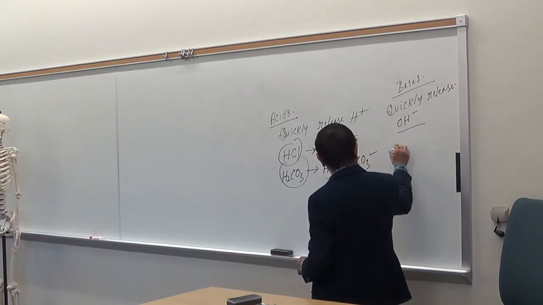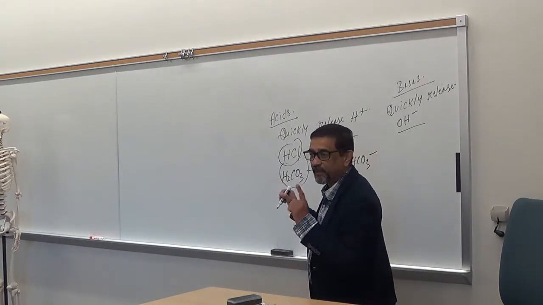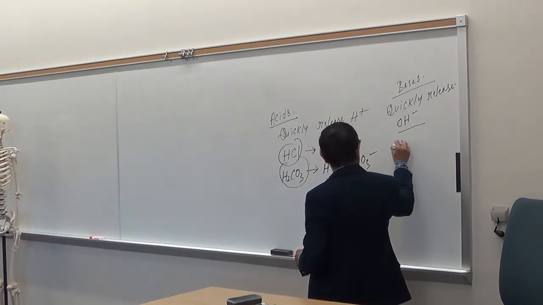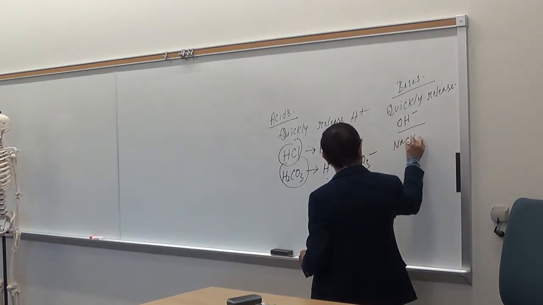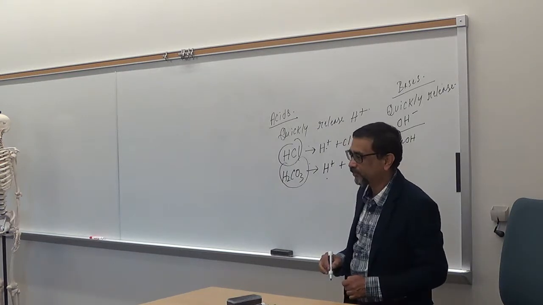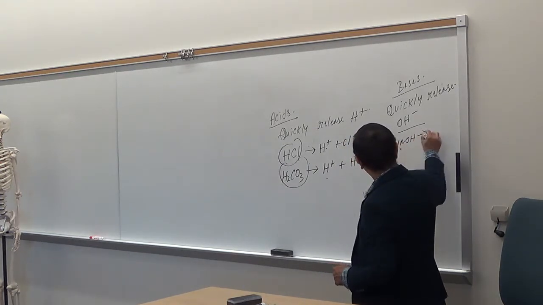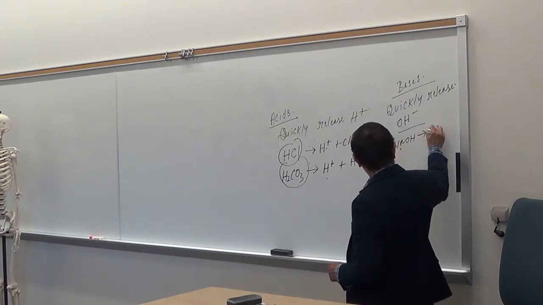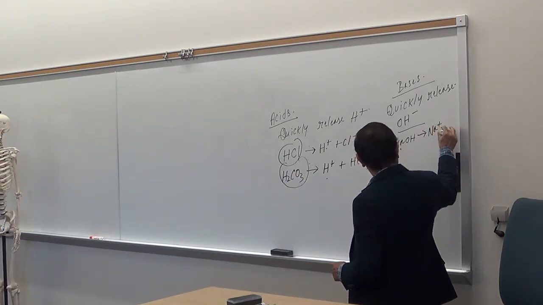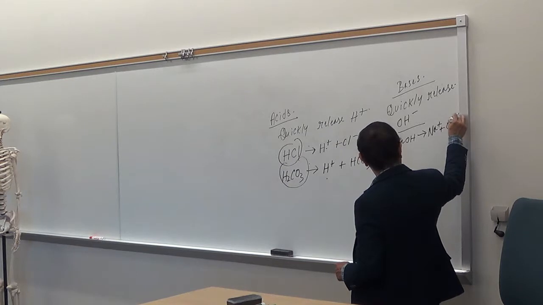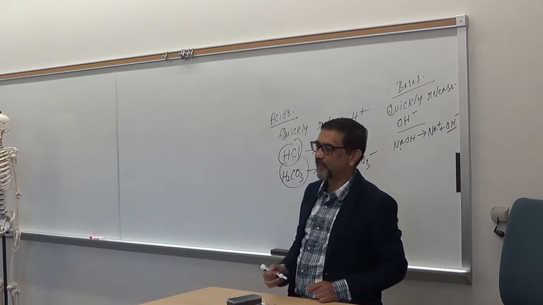For example, the most ideal base is sodium hydroxide, NaOH. It's an ideal base. Why is it a base? Because it can quickly produce OH. That's right.